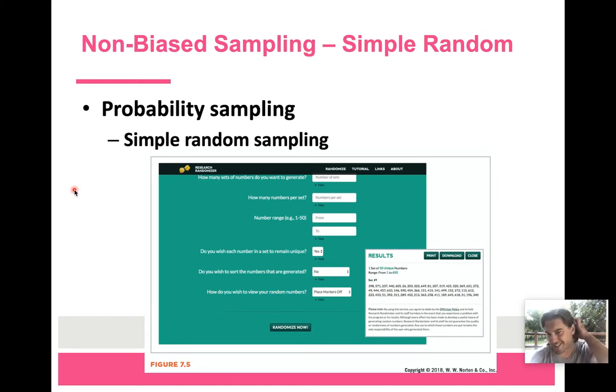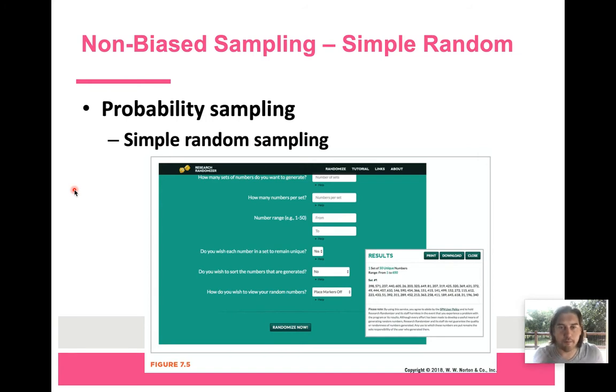The researcher has nothing to do with this. You assign maybe every person a unique number from 1 to 1,000, and then you tell a computer to just choose X number of those numbers at random, and then that identifies your sample for you.